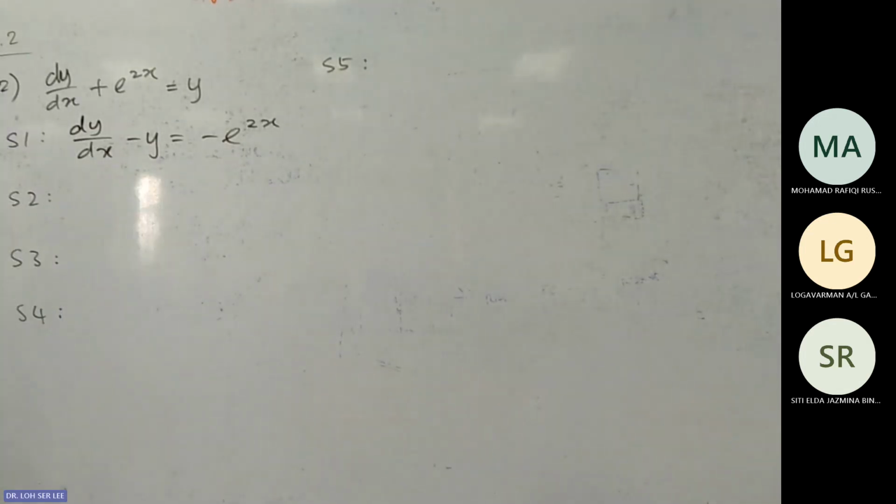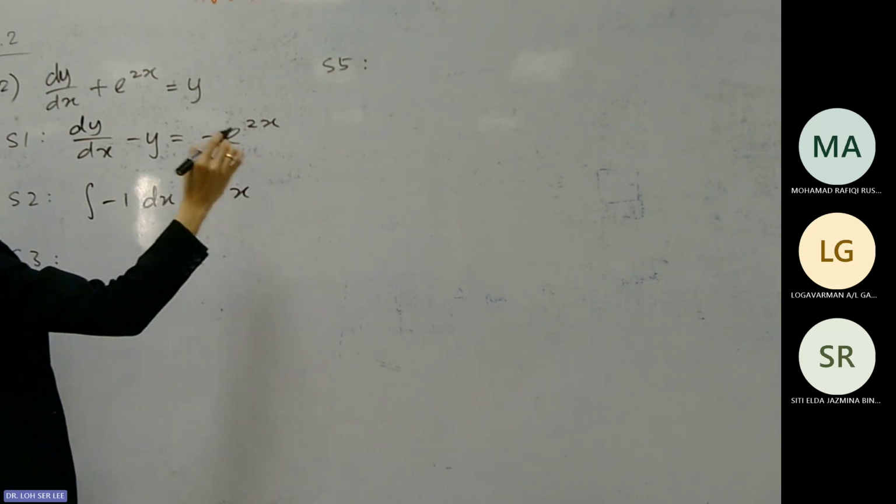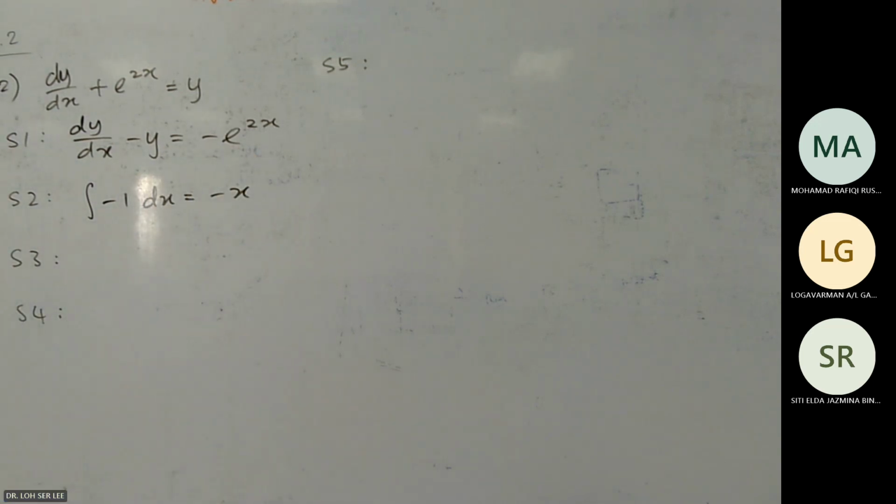Step 2, we are integrating. What is the coefficient function of y? Negative 1. So you get negative x.